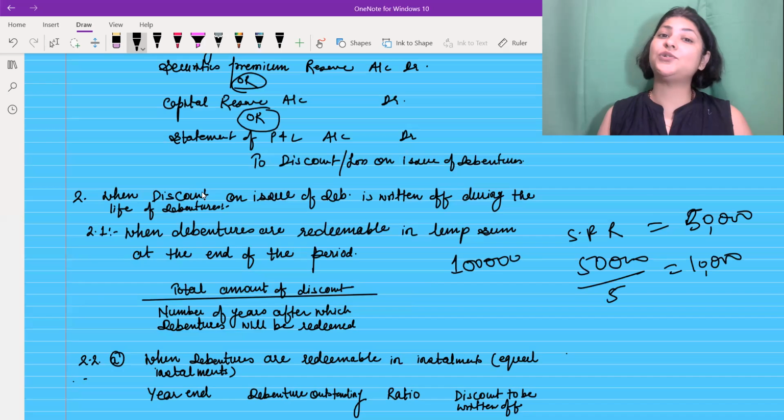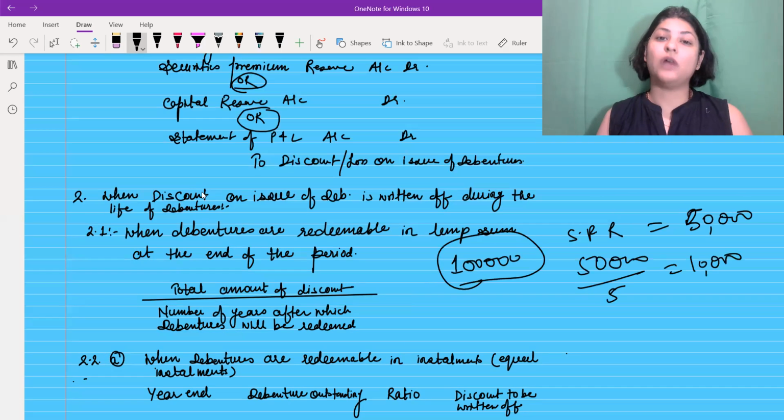I hope you understood what I tried to say. I will just repeat myself. For example, there is loss on issue of debenture of rupees 1 lakh, and you are given the balance of security premium reserve in your question of 50,000 rupees, and you are asked to write off discount on issue of debenture over the life of debenture, and the life of debenture is, let's say, 5 years. In this case, how are you going to deal with the balance of security premium reserve and the amount which you have to take from statement of profit and loss?